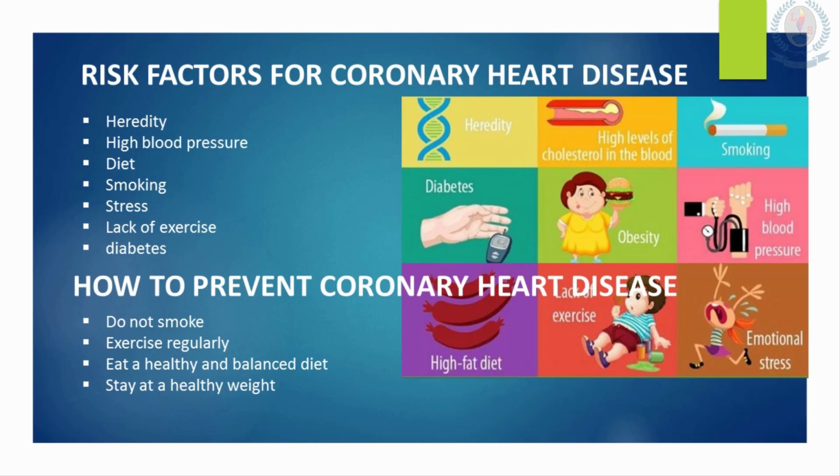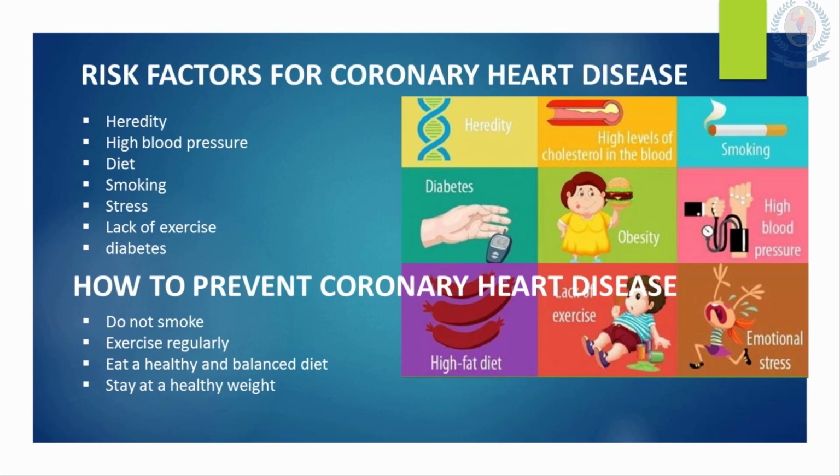And then we will see how to prevent these coronary heart diseases. If you practice a good healthy lifestyle, you can easily prevent these coronary heart diseases. Some risk factors are there, like heredity.